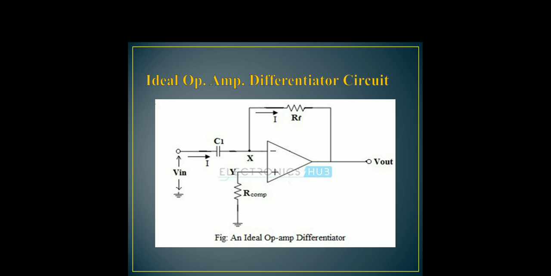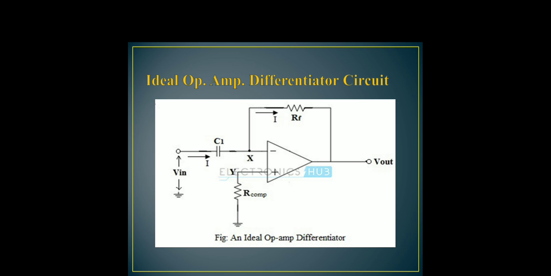When the applied input voltage is positive going, you can see the current I and the direction of that current I. This current I shown in the diagram flows through the capacitor C1. And as the op amp's internal current is 0, all this current I flows through the resistance RF.